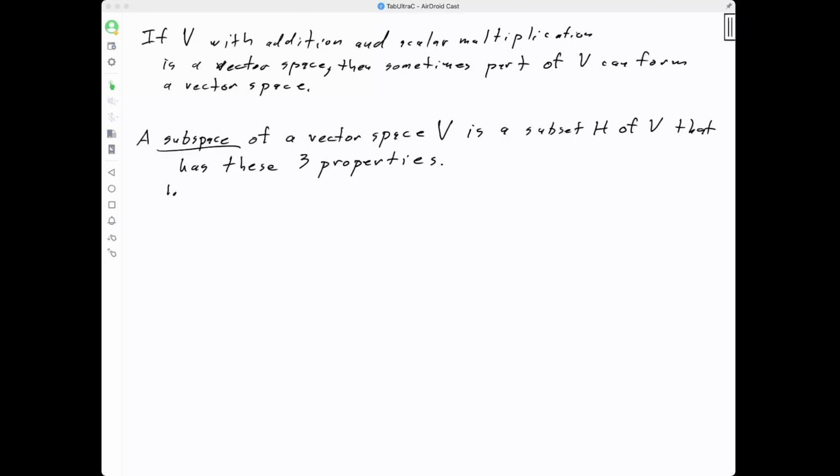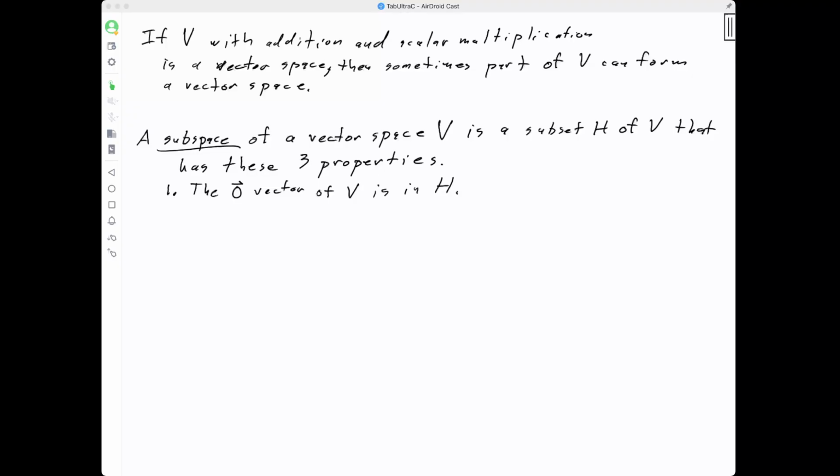The first one is the zero vector of V is in H. So that zero vector has to be included in H if you've got a subspace, because to be a vector space, you have to have the zero. And so if you're making a subspace, you have to have the zero vector in that subspace.